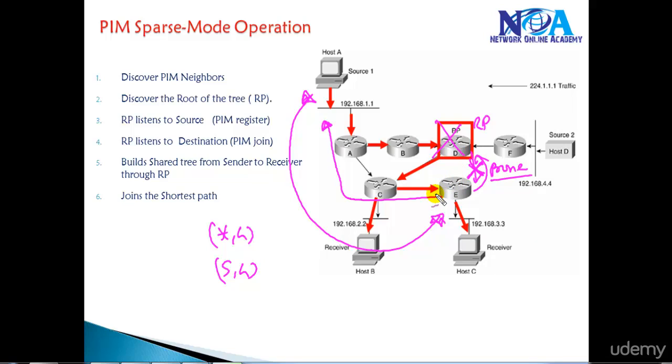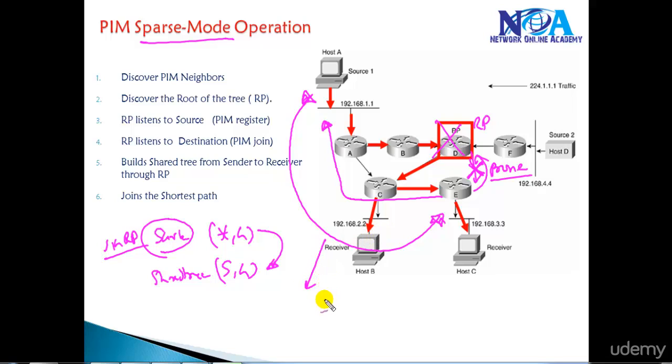So this is the process of switchover from the shared tree to the source tree. Initially, if you're running sparse mode, it runs a shared tree where your traffic goes via the RP, but the receiver figures out the shortest path from the source to the receiver, and based on that, it builds the source tree.